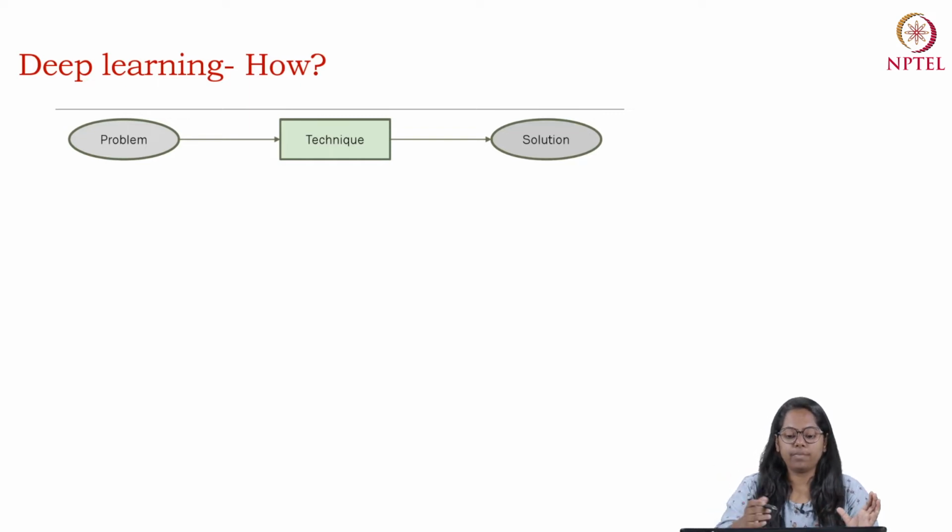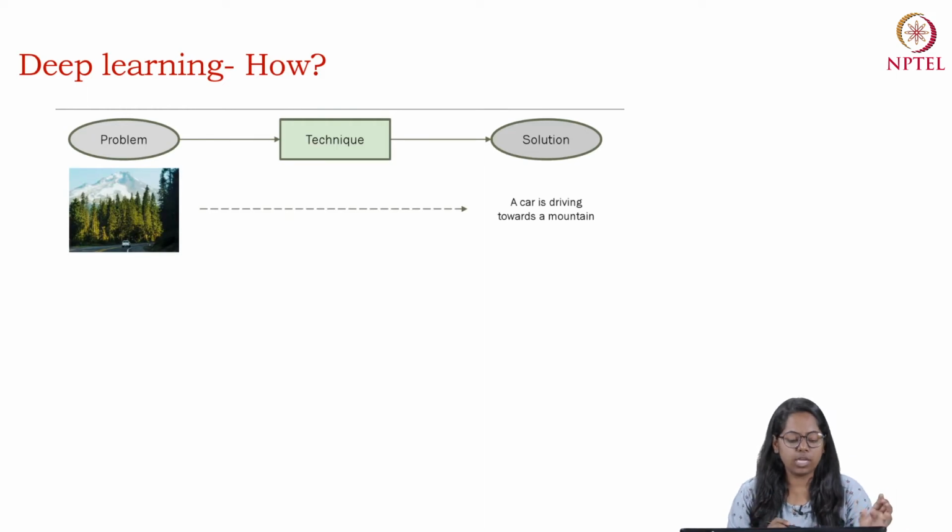So for example, in the case of image captioning, the problem or the input is the image and the desired solution is basically the caption of the image. And in between, there is some kind of algorithm, some kind of technique that is being employed, which basically helps us to convert this problem, the input image, to the solution, that is the caption in this case.